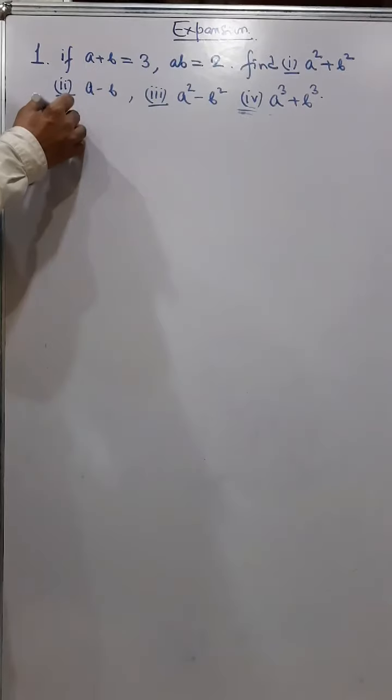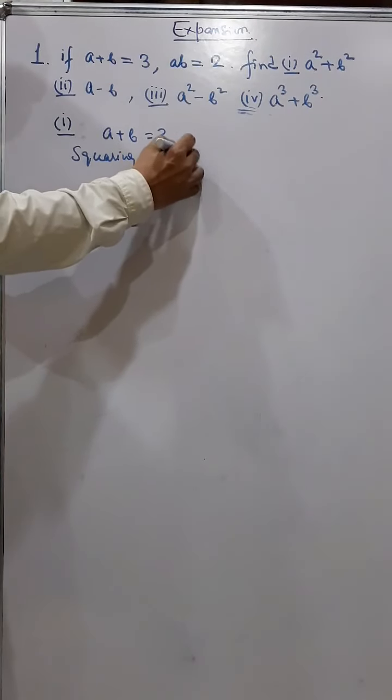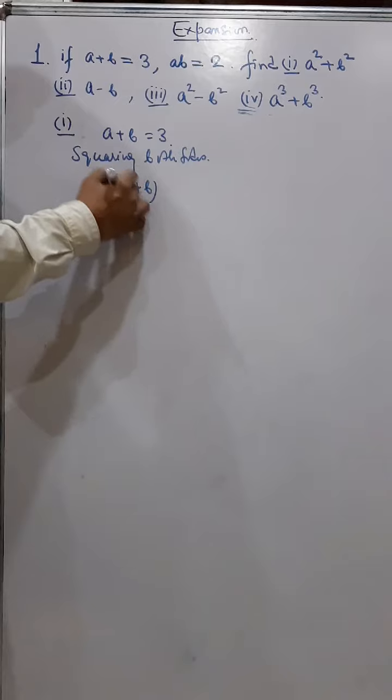Now for number 1, we know that a plus b is equal to 3 and we require to find a square plus b square. So for that what we can do is squaring both sides. We get a plus b whole square is equal to 3 square.